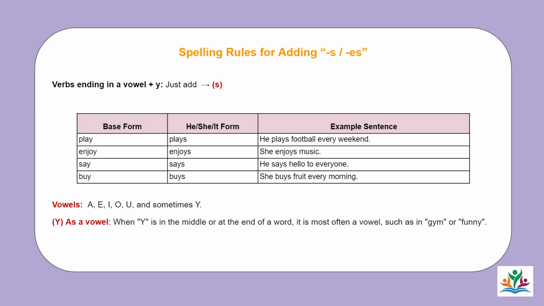Same thing for enjoy. It ends with an o, which is a vowel, plus y. We don't have to change anything. We just need to add an s at the end of the verb. Enjoys for he, she, and it. She enjoys, for example, music.